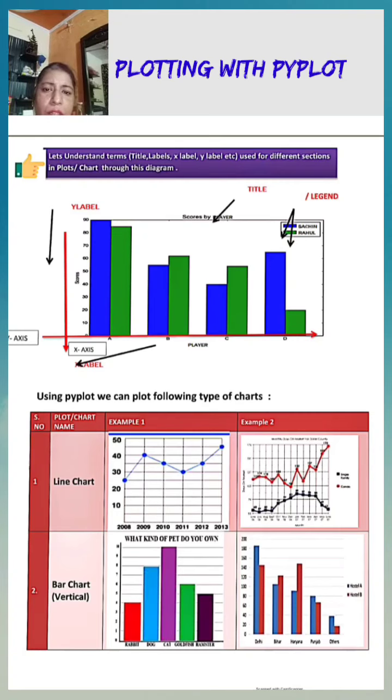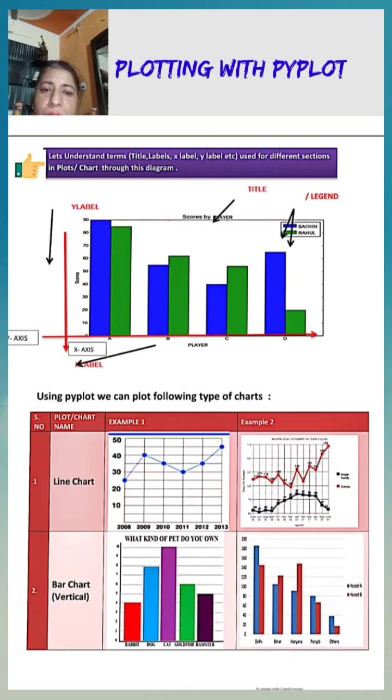Clear? The value is represented by the height of the bar. In this graph you can see two series we have used, blue one and green one. It means two data series we are presenting on the bar graph.